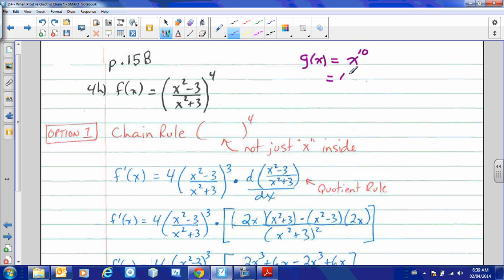I do 10x to the 9, and then the derivative of this, which is just the number 1. Okay, so even the power rule in its basest form is a chain rule. It's just a chain rule where the derivative of the base is the number 1, and so we don't really need to take that extra step.